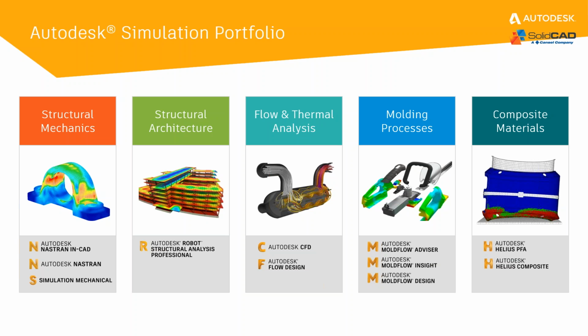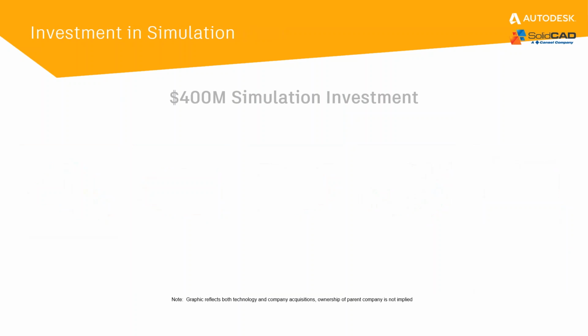Autodesk Robot Structural Analysis Professional on the structural architecture, the Autodesk CFD and Autodesk Flow Design on flow and thermal analysis, Autodesk Moldflow Suite on molding processes, and Autodesk Helius PFA and Composite on high-end analysis of composites.